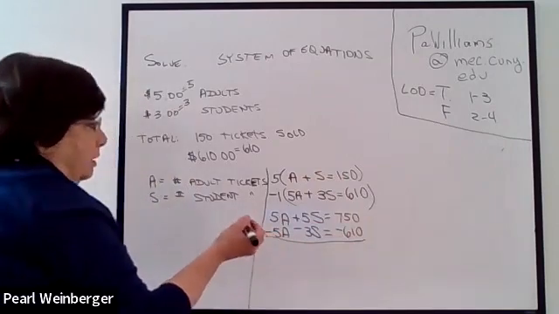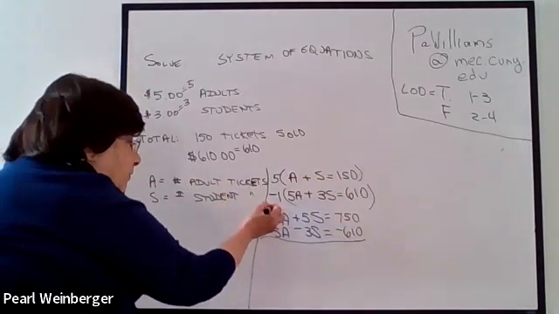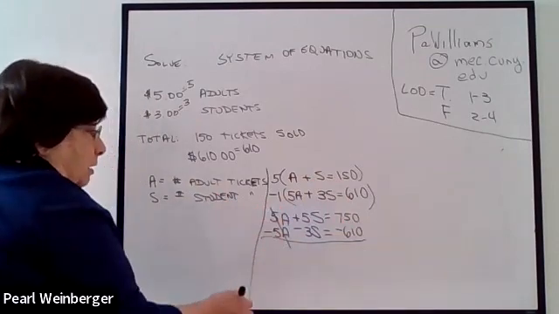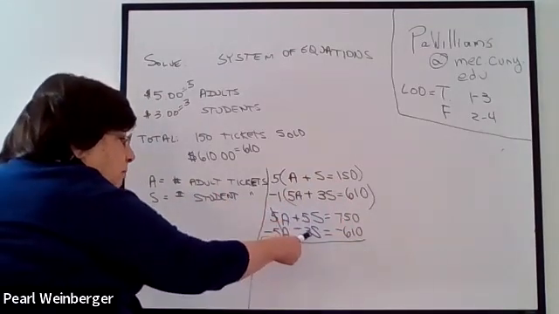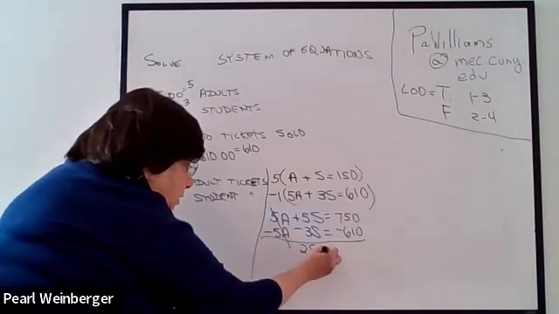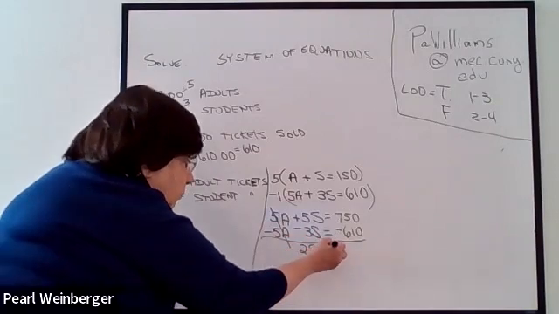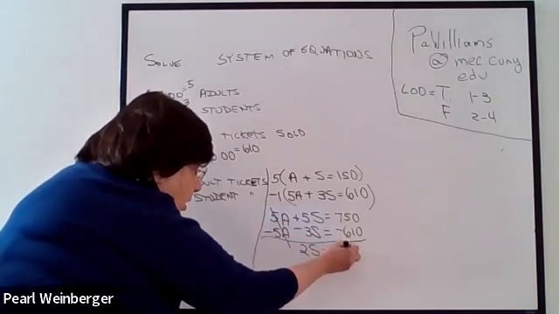And again, if you don't like using these higher numbers, you could use your calculator. 5A minus 5A cancels out. 5S minus 3S gives me 2S. And 750 minus 610 gives me 140.